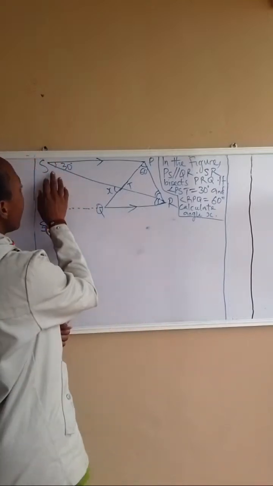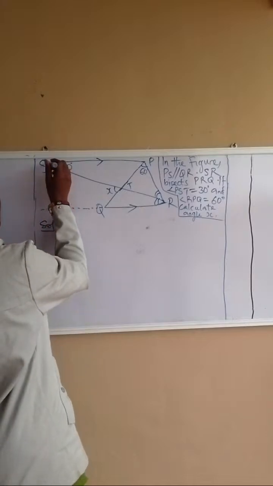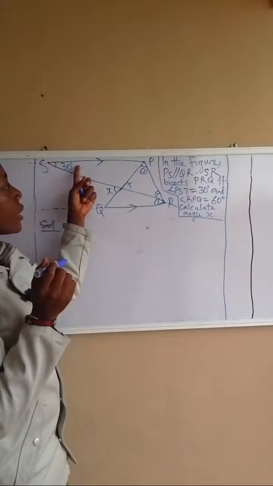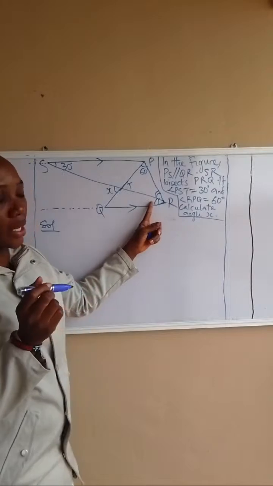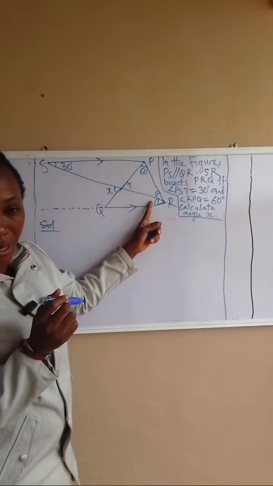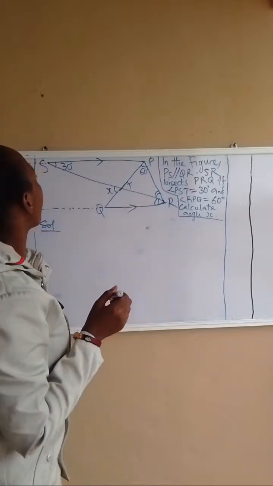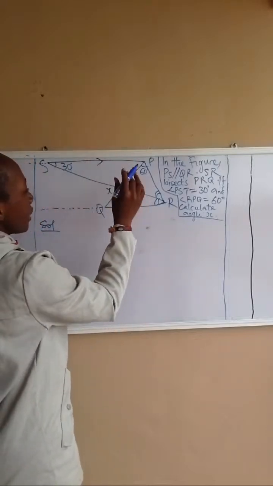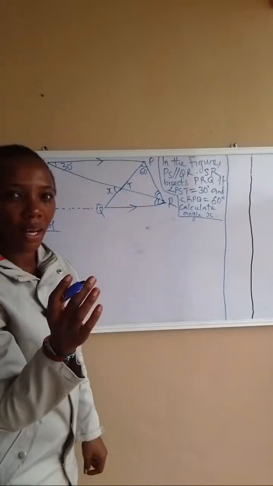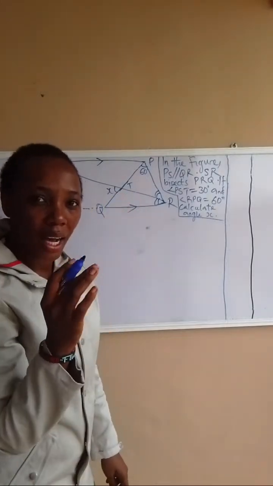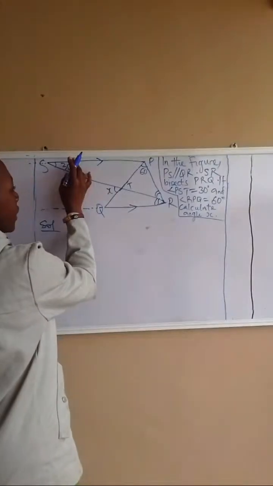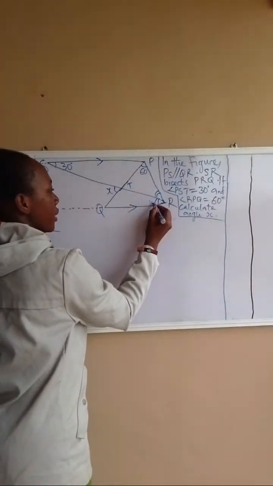Now, if this angle here is 30, which means the angle here is also what? 30 degrees. All right, so 30. Why? Alternate angles are equal. If we have 30 here, definitely we have 30 here.